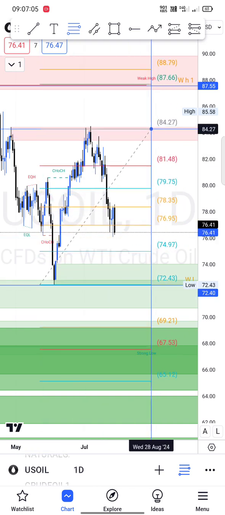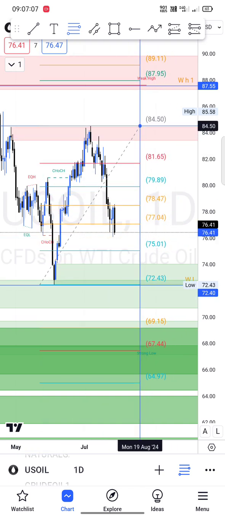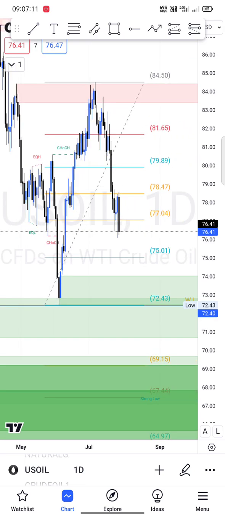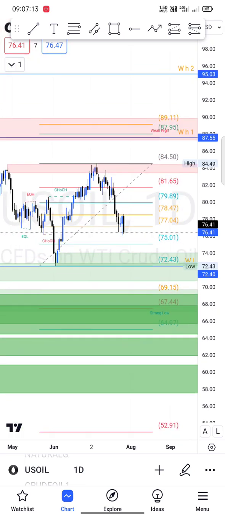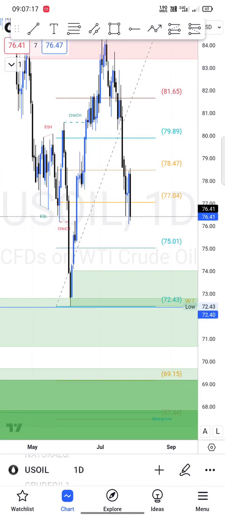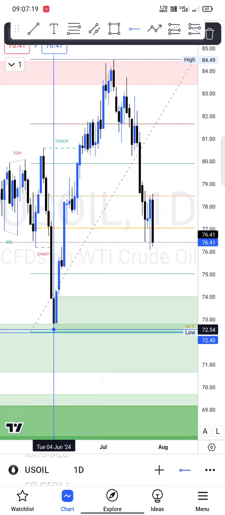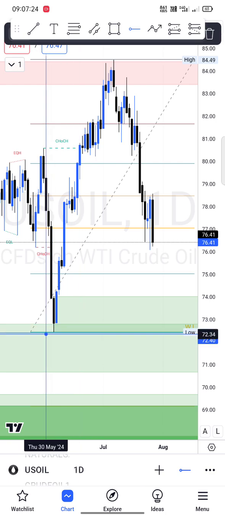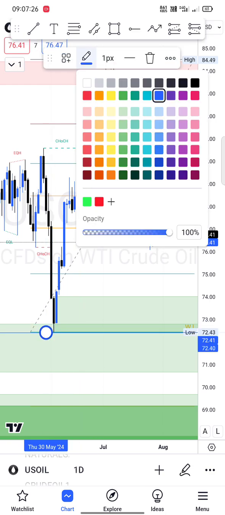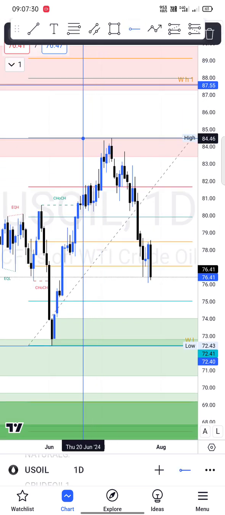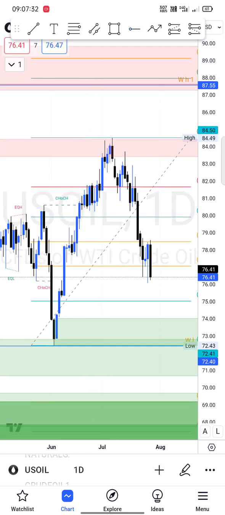Let's check here. Also the market broke the 618 level. So this is our daily low and daily high.